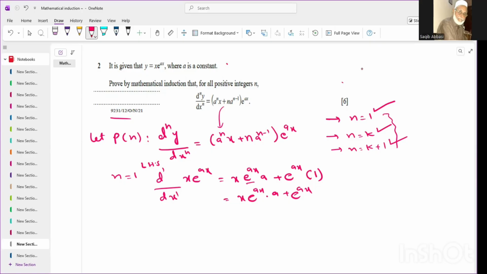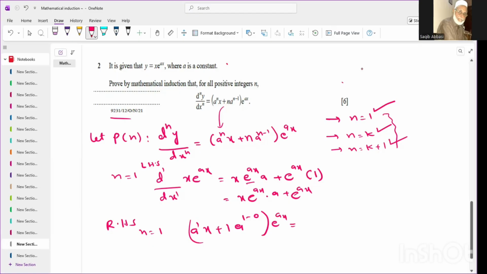Now take its right hand side. What is the right hand side? According to the right hand side, we take n equal to 1: a power 1 x plus 1 a power 1 minus 1, into e power ax.